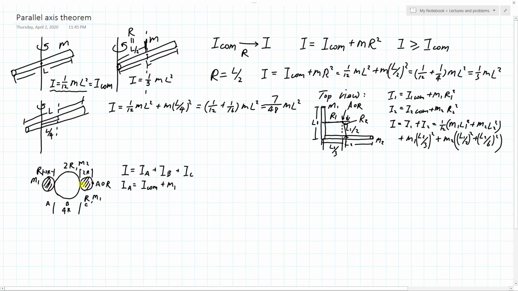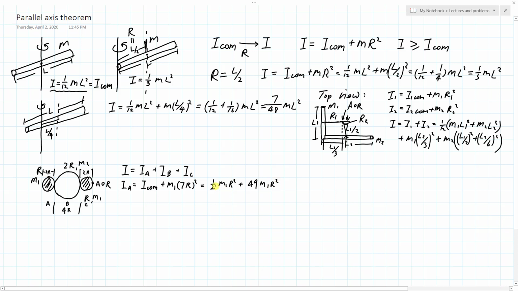So we have 2, 6, 7. So it's 7r squared. And since it's a disk, this is 1/2 m1 r squared plus m1 times 7 squared, which is 49, r squared.